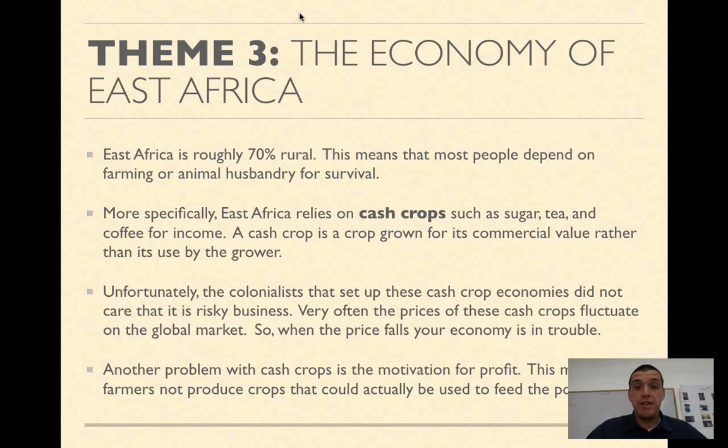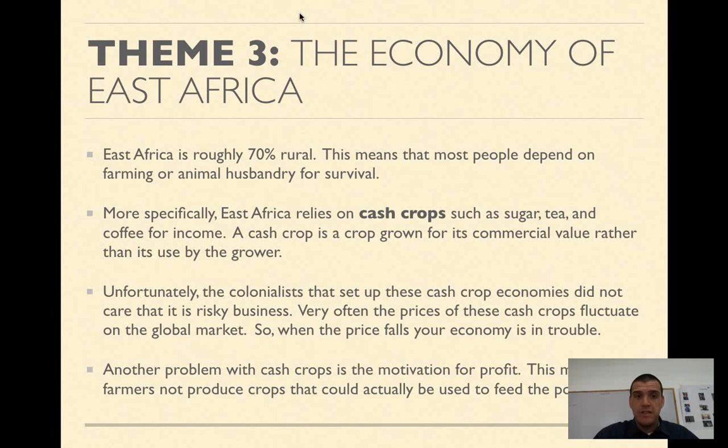Very often, the prices of these cash crops fluctuate on the global market, so the prices go up and down. So if you're dependent on tea for your economy's income and the price is high, good for you. However, when the price becomes low or more competitors that grow tea come into the market, that can be devastating economically, especially when you don't have any other alternative sectors such as manufacturing or anything like that.